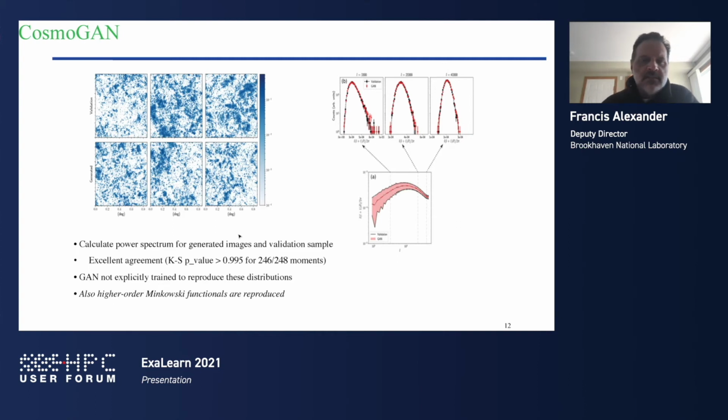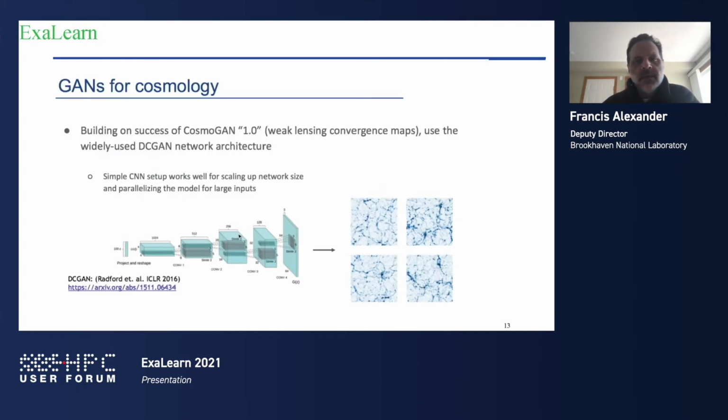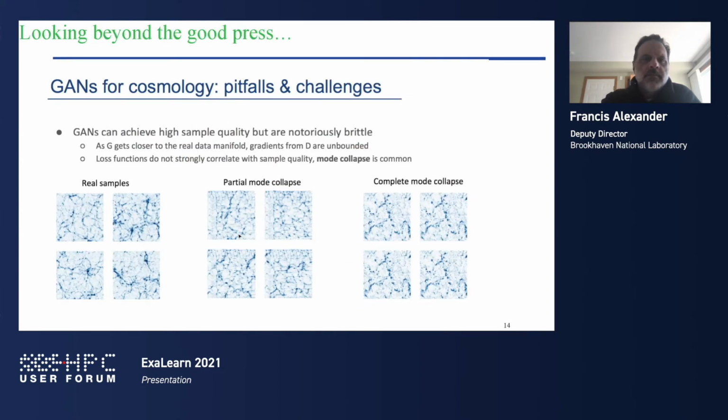Now, GANs have some challenges. They tend to be very brittle, and sometimes they're very difficult to train. So what we've done is come up with methods, at scale, to build in more of the physics that we would like. In the previous examples I showed, the GANs were generating pictures of the universe we might see today, and without being told, they had the right power spectrum and the right density distribution.